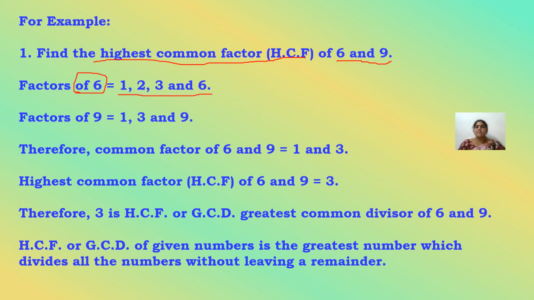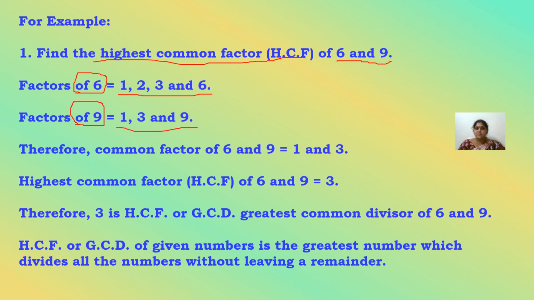In the same way we have to find the factors of 9. 9 will be coming in which table, Anna? 1 table, 3 table and 9 table. Now we got the factors of 6 and 9. We have to identify the common factors of 6 and 9. How are you going to find common factors here?